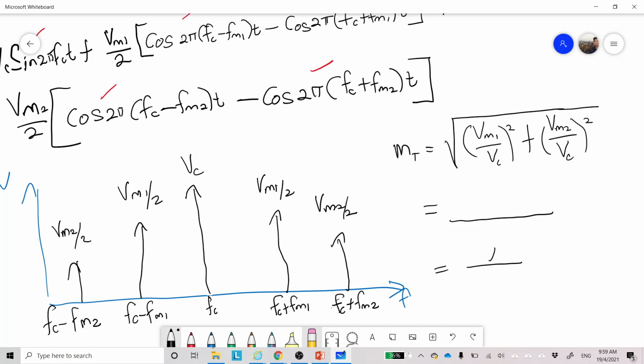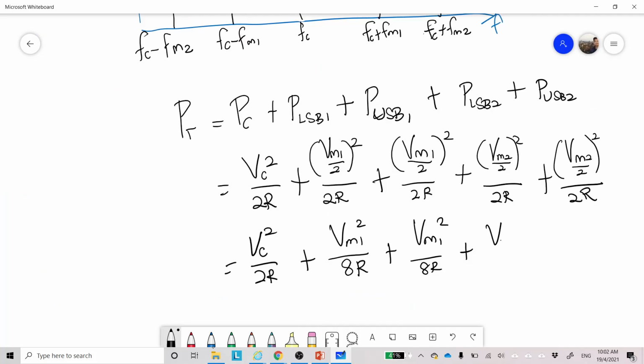So this is Vm1 square divided by 8R plus Vm1 square divided by 8R plus Vm2 square over 8R plus Vm2 square divided by 8R, like this.